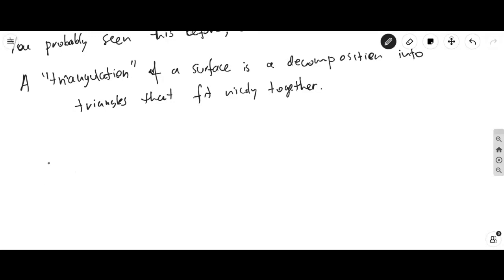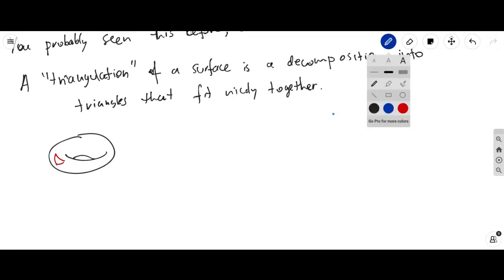The way this works is that the idea is you have some kind of surface, let's say like a torus or something. You have a torus, and a triangulation means exactly as the name suggests. It means you break it up into triangles in some kind of way like this. So it's similar to a graph, except it's done with 2 dimensions. So these are 2-dimensional triangles.